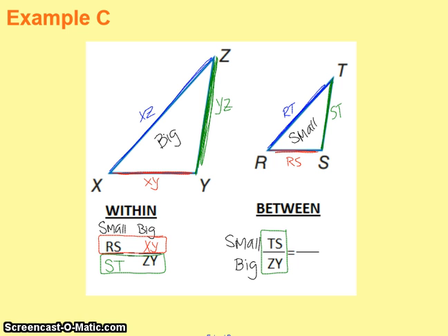So what I have to do here is just pick any other color. So I can pick red or blue. I feel like doing red, so that's the one that I'm going to choose. And so the red one on my small one, because remember that one goes first, is going to be RS. And then on my big one, which is red, is going to be XY.